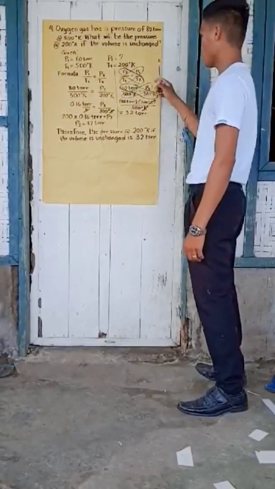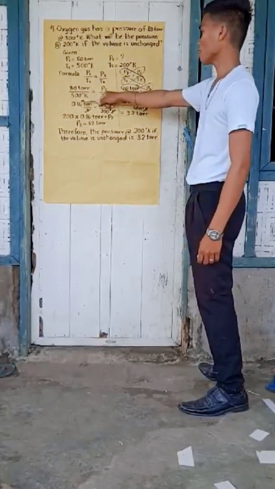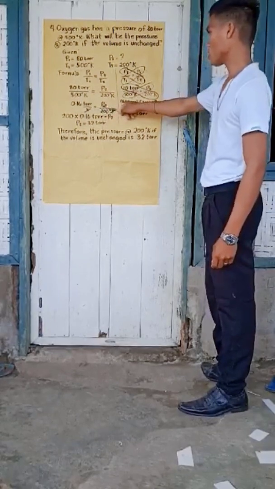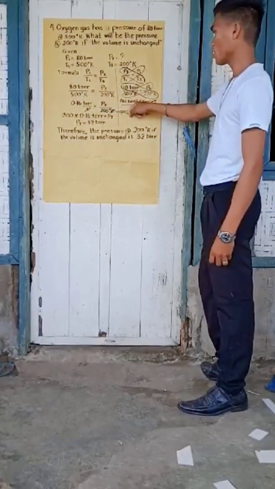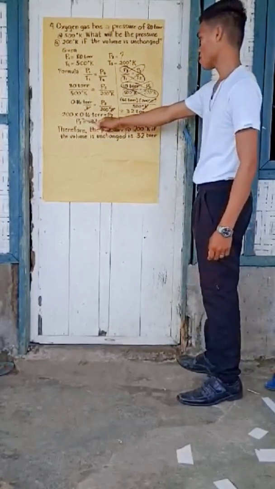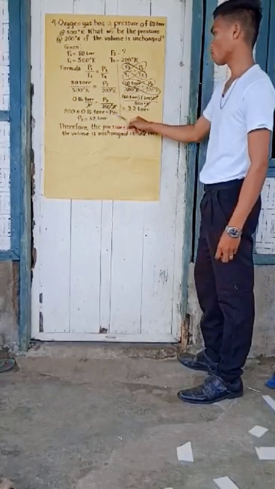So here is the answer. 80 torr divided by 500 degrees Kelvin is equal to 0.16 torr, equals P2 over 200 degrees Kelvin. So 200 degrees Kelvin times 0.16 torr is equal to P2.